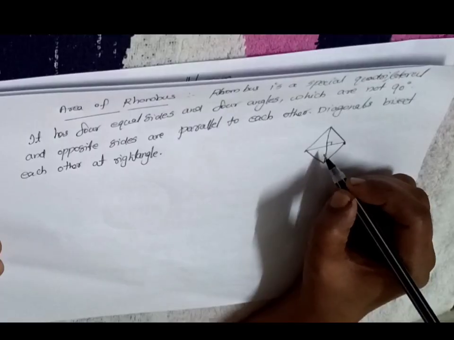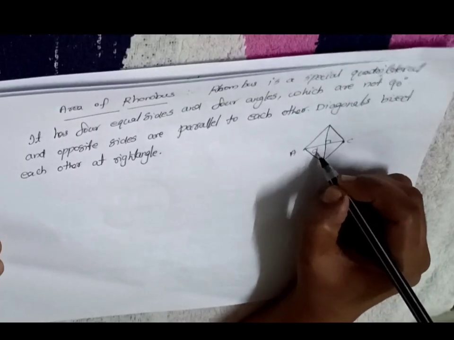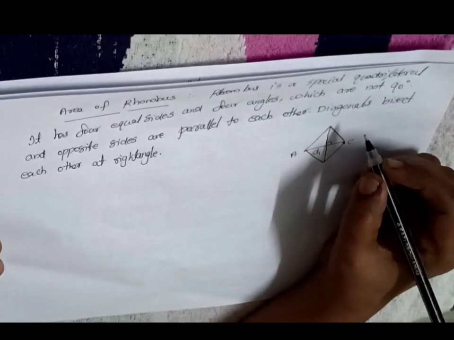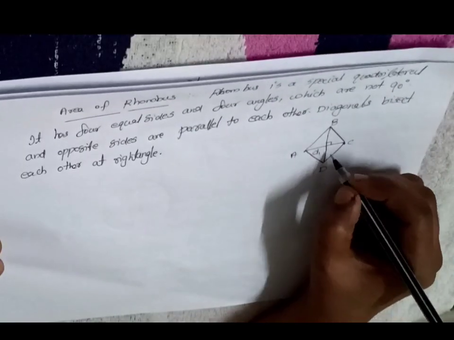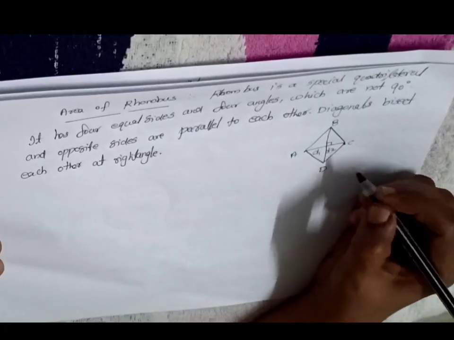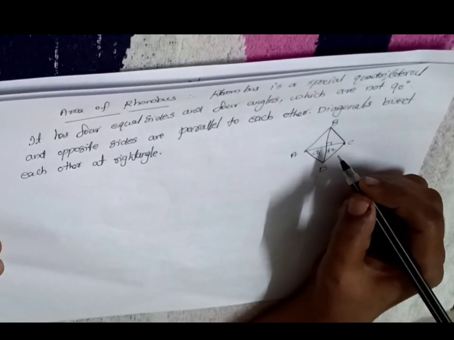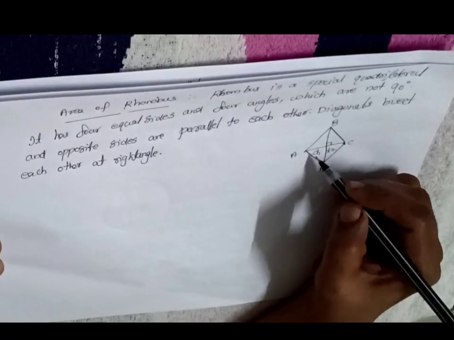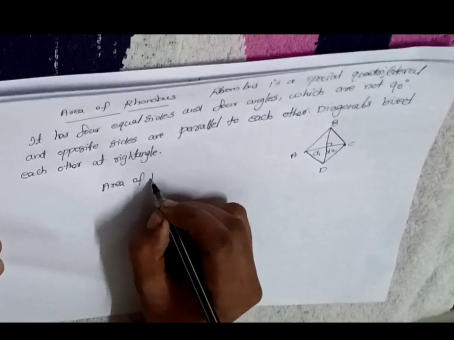Let us consider the diagonal AC as D1 and BD as D2. Now we have to find out the area of this quadrilateral, that is, the area of the rhombus.